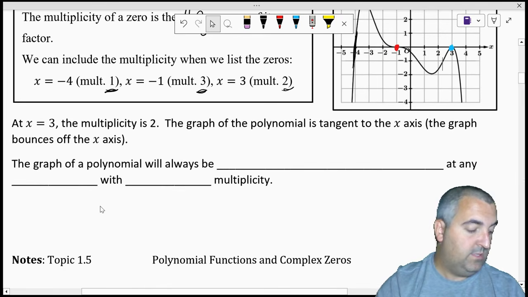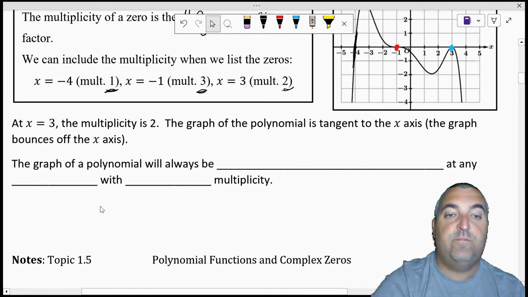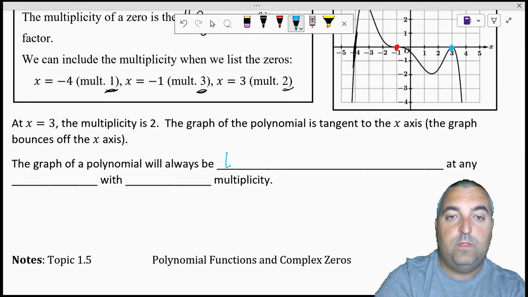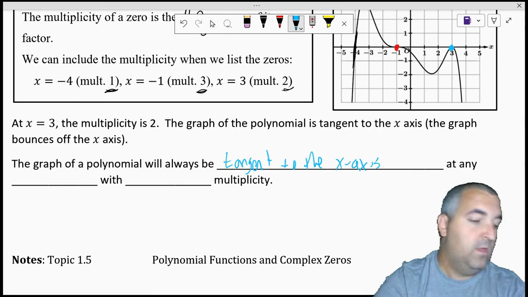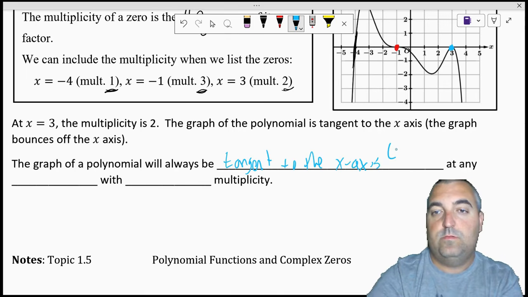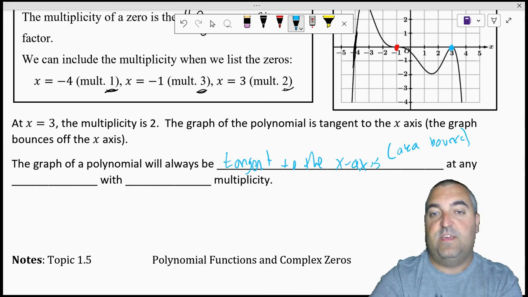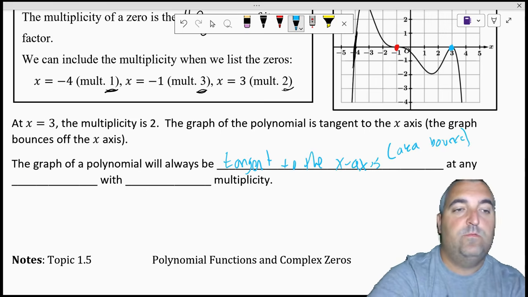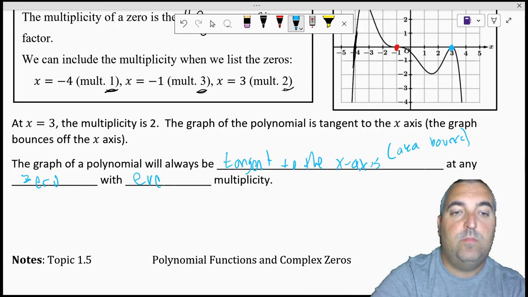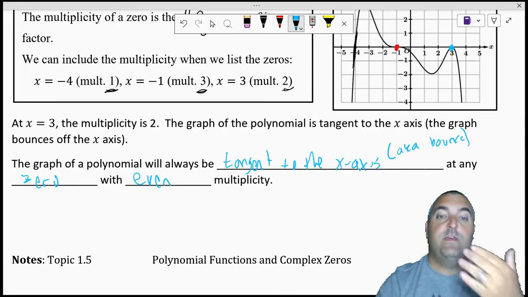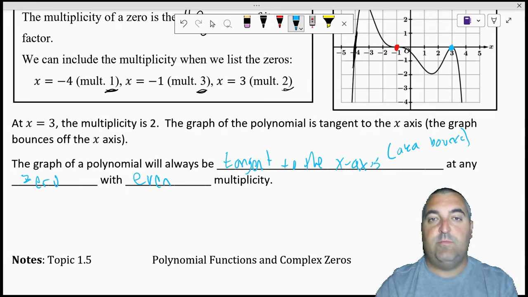So the last bit here: the graph of a polynomial will always be tangent to the x-axis, or bounce off the x-axis, at any 0 with even multiplicity. We had a multiplicity of 2, it could be 4, 6, 8. Any multiplicity that is even, you're going to have that bounce feature.